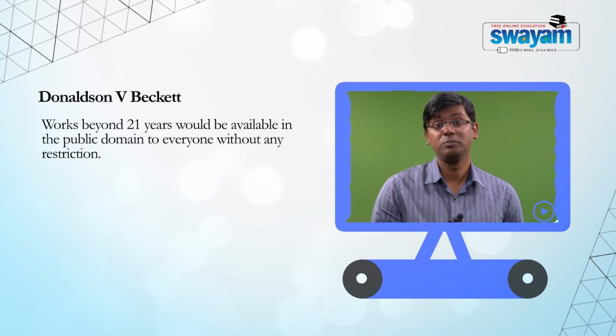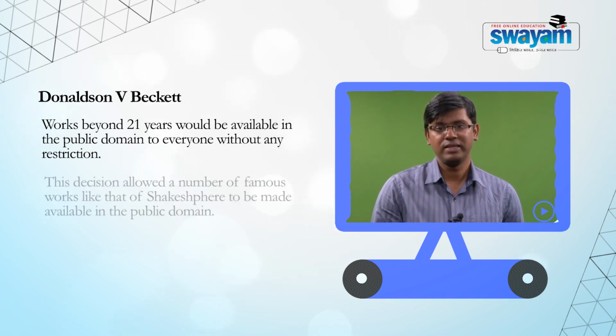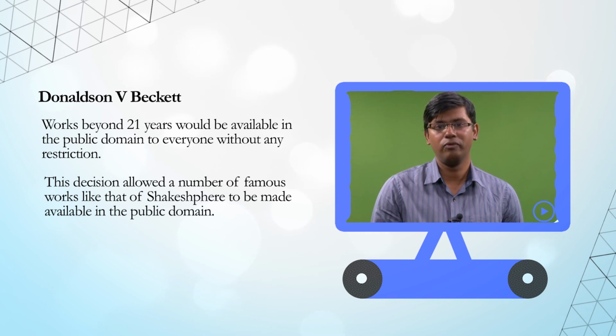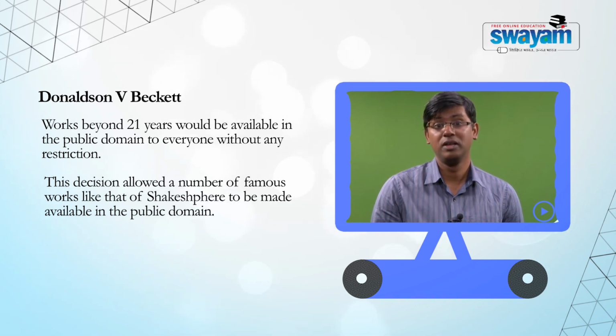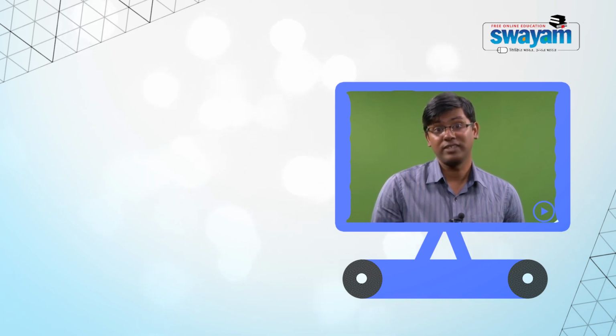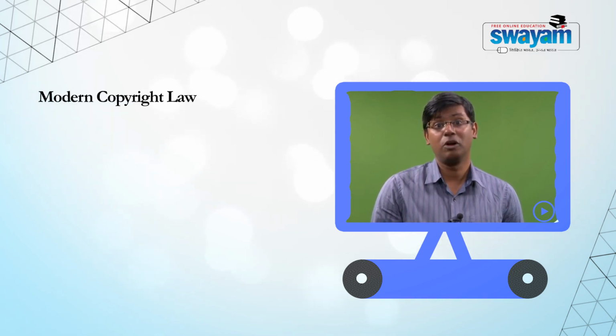They said works beyond 21 years would be made available in the public domain for everyone without any restriction at all. This decision allowed a number of famous works like that of Shakespeare to be made available in the public domain. Right? So thus started the modern copyright law.